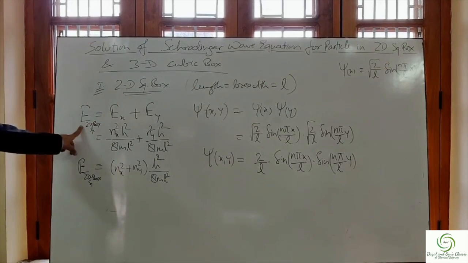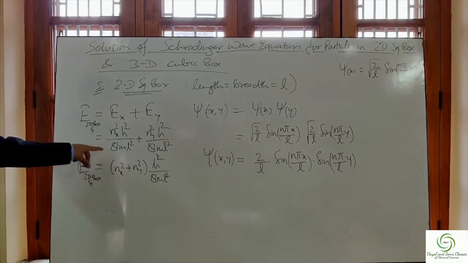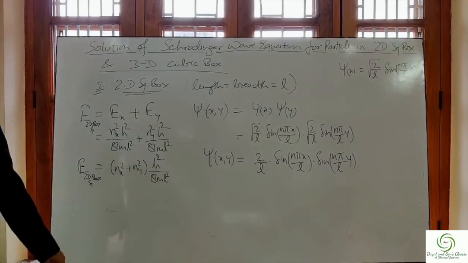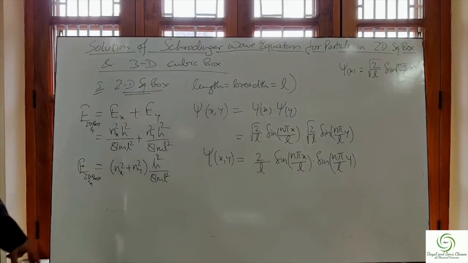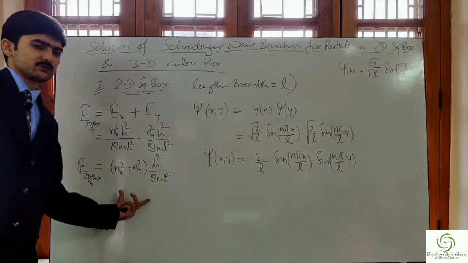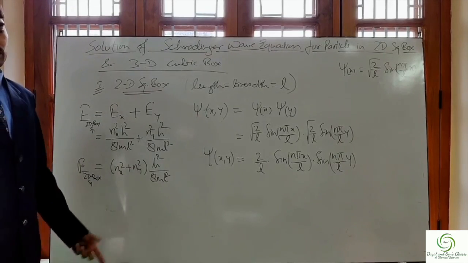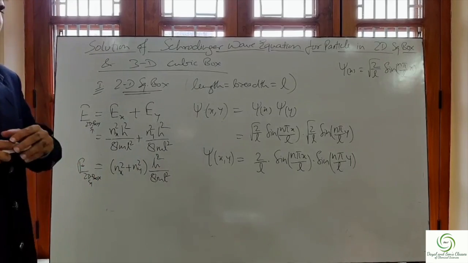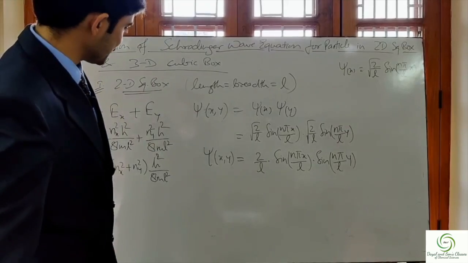The energy of the particle in the 2D square box is equal to nx square plus ny square into h square upon 8 ml square. This is very important to remember, because the questions usually come from this part, where you have to find the degeneracy of the energy state. What is the degeneracy of the state, that we will discuss in the next video, not in this video.